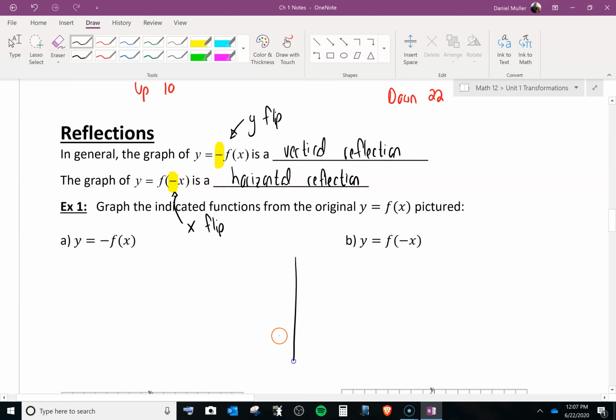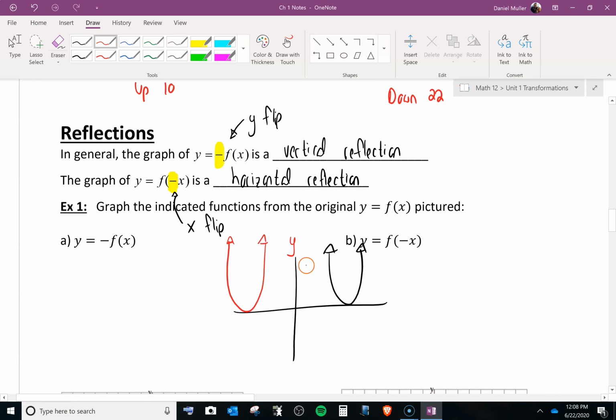So when we have a drawing, that was terrible, that looks like this, and we want to do a horizontal reflection, that means it would be flipped horizontally, and it looks like that. But which axis does it flip around? So if this is the y-axis, it's a horizontal flip. It flips to the left and right, that's horizontal.